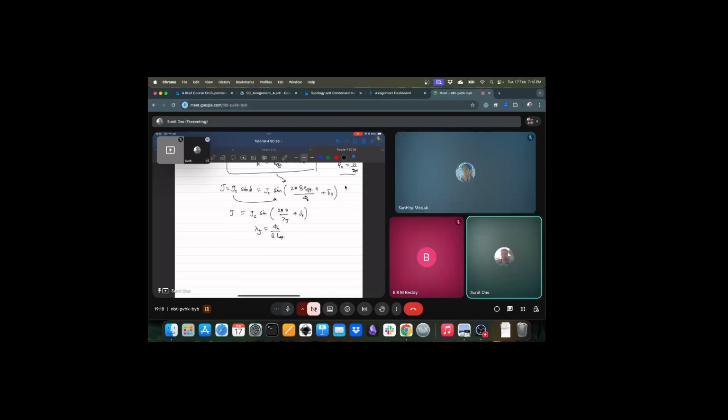Okay, and this is the characteristic length scale along the junction. So this is the explicit expression of current through a Josephson junction, and it shows that it depends on the position you are at in the Josephson junction and so on.